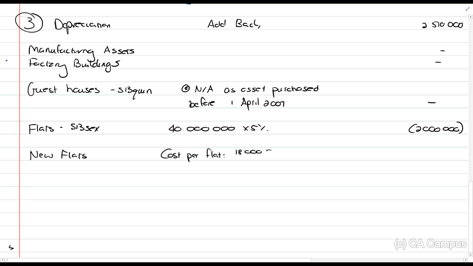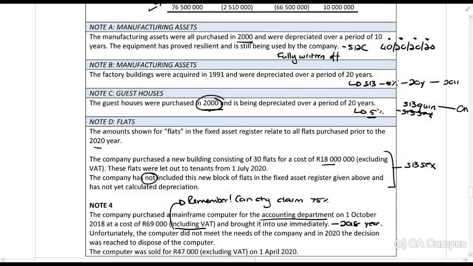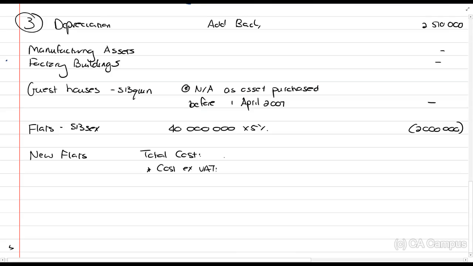Well, actually, before we do that, total cost, let's work it out, is the cost excluding VAT, which they give us, 18 million, plus the VAT, because it's exempt, section 12C. We can't claim it. So 18 million times 15%.